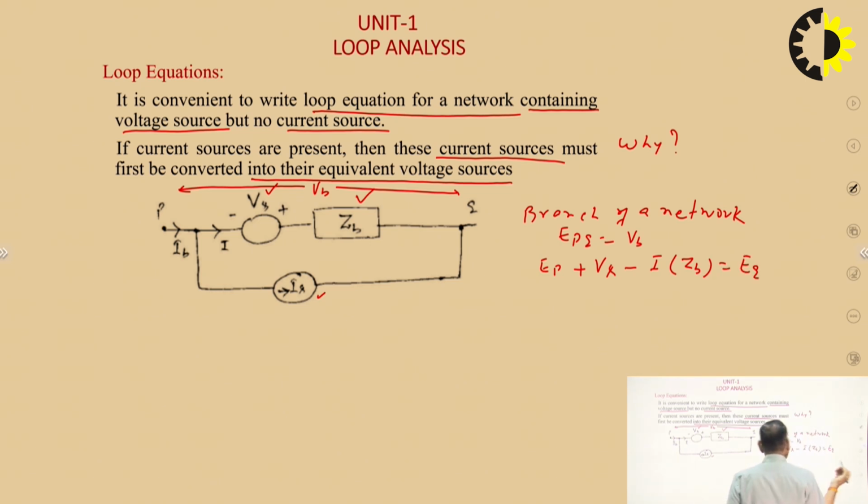This is the equation I have written. So EP minus EQ is equal to minus Vs plus I ZB. But what is IB?